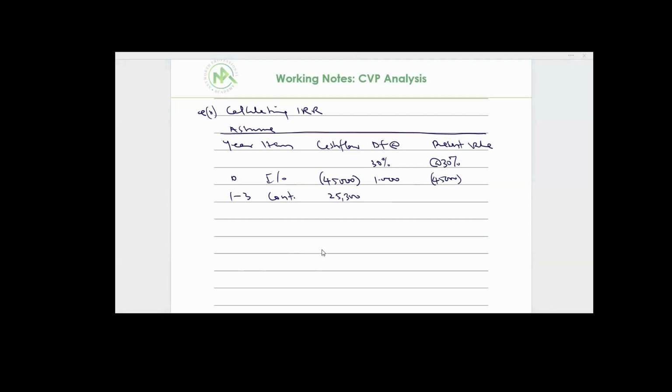That's 1.816. When you multiply that by 25,300,000, that's 45,944.